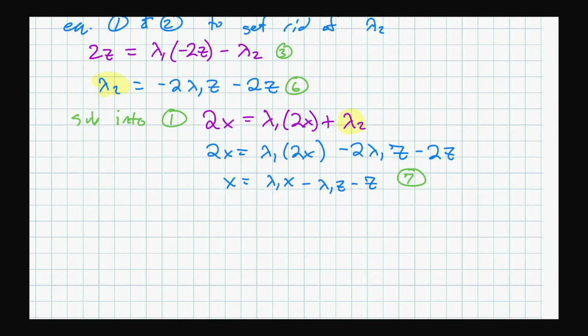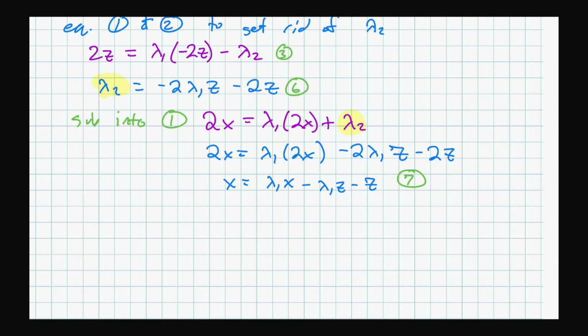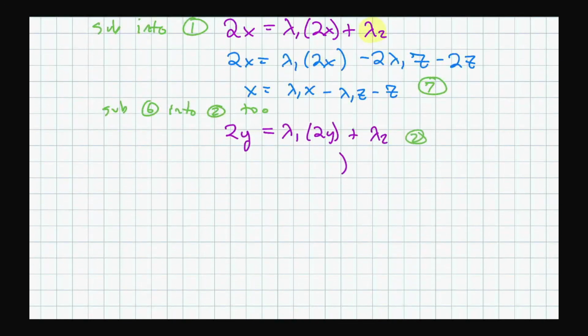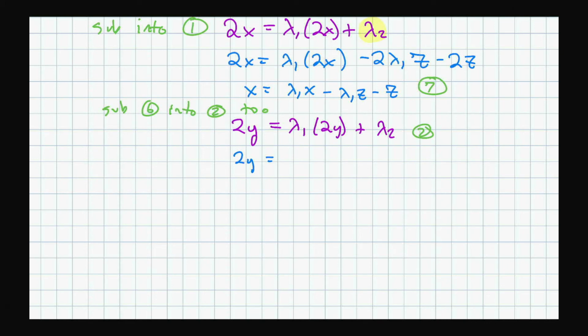Okay, now we're going to sub 6 into equation 2 as well. So let's get equation 2. So here's equation 2. So we got 2y equals 2 lambda 1y plus lambda 2.